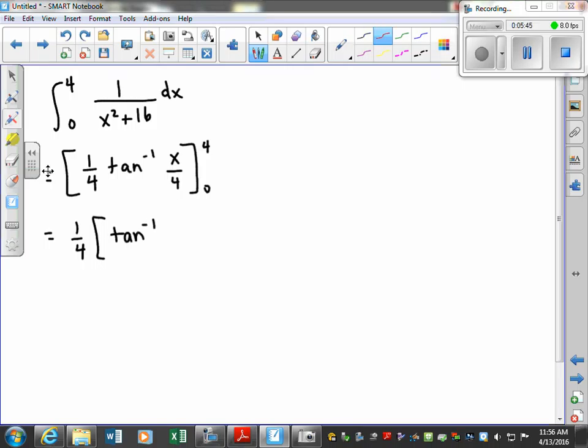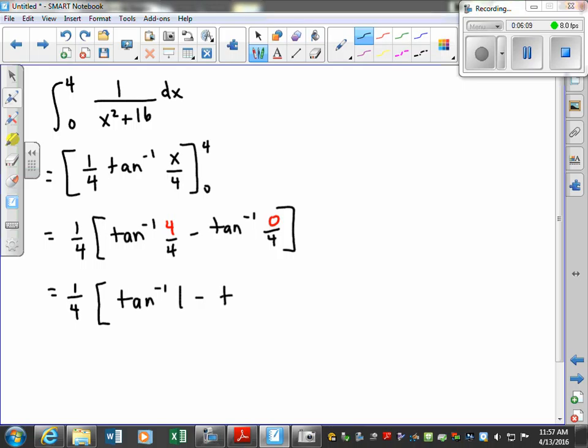My first x is going to be a 4, and then I'm going to subtract tan inverse of my next one, evaluated when x is 0. This simplifies to tan inverse of 1 minus tan inverse of 0.